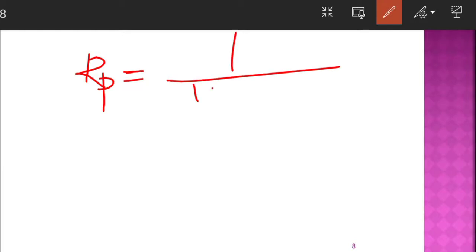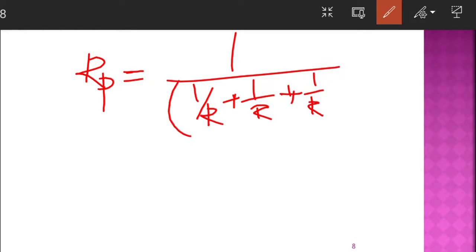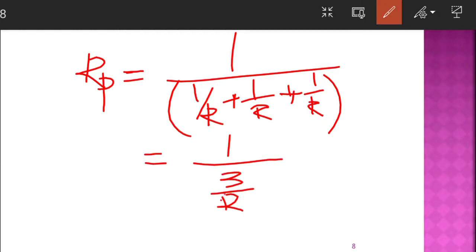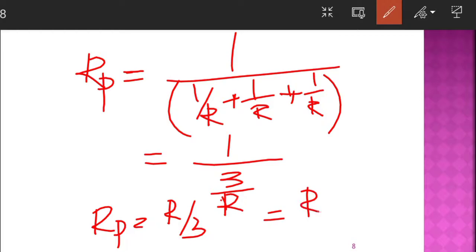So 1 divided by (1/R plus 1/R plus 1/R). Now take the LCM. What will we get? We will get 1 divided by 3/R, which will become R by 3. So when three resistors are connected, we get the expression R by 3. That means when n resistors are connected, the total resistance is R by n. Hope you understood.